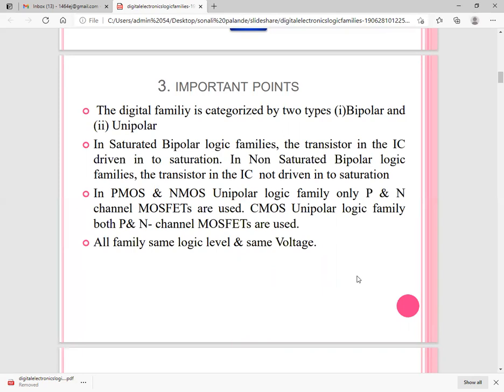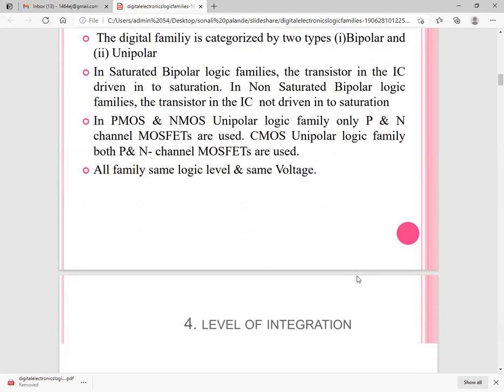In PMOS and NMOS unipolar logic families, only P or N channel MOSFETs are used. In the CMOS unipolar logic family, both P and N channel MOSFETs are used. All families have the same logic level and the same voltage.